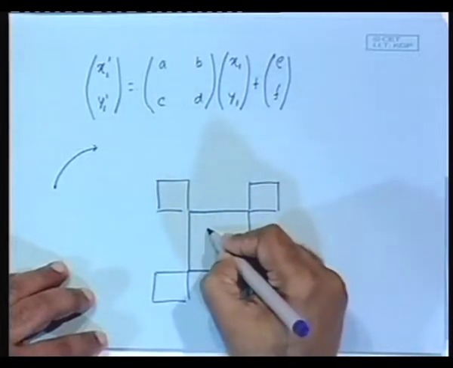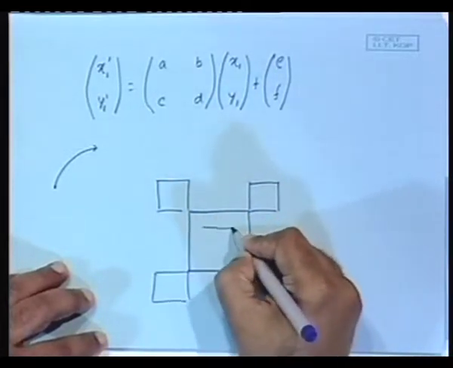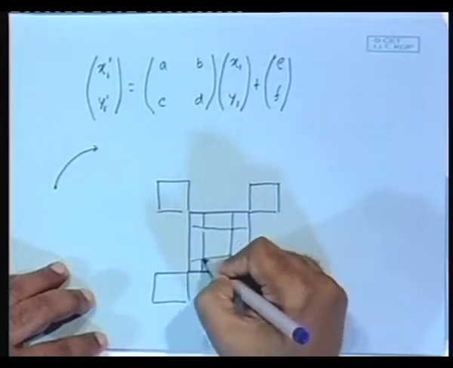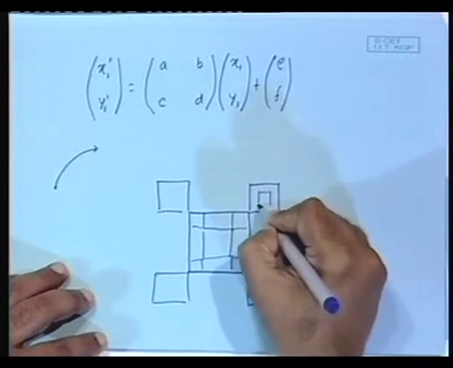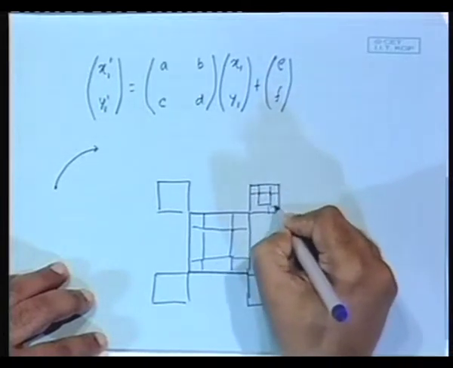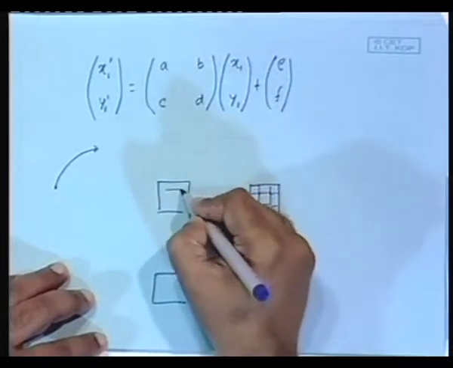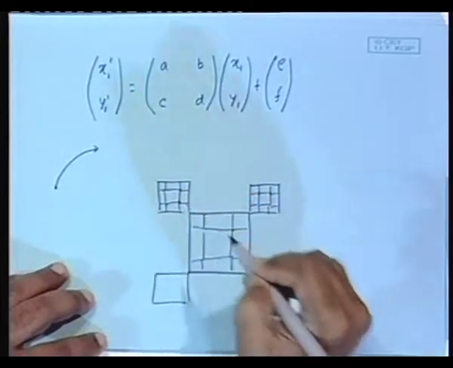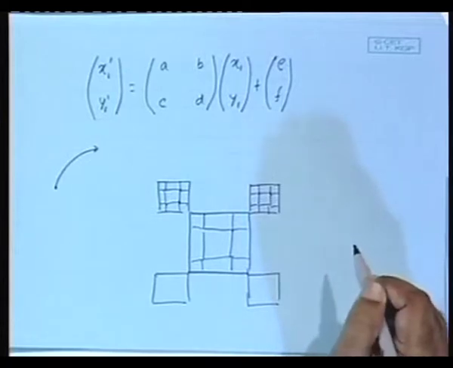So how will you do that? Only this is there, only this is there, and so on and so forth. Suppose you have this as the image that you want to converge on. What will be the structure?